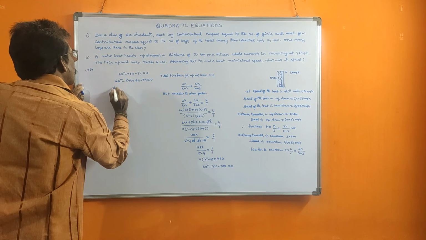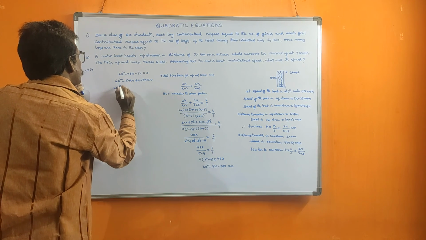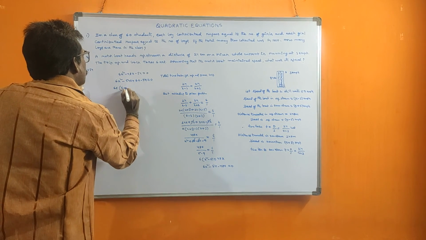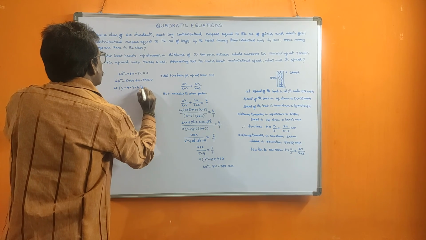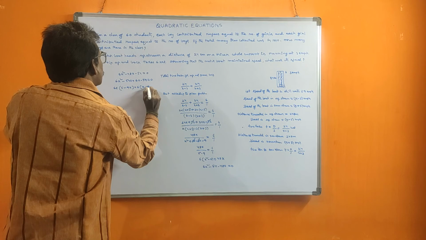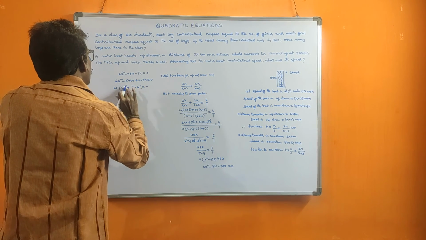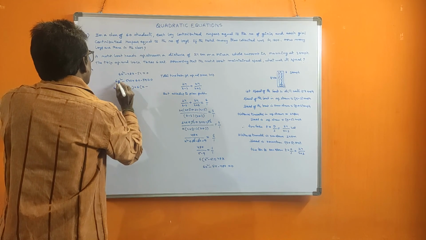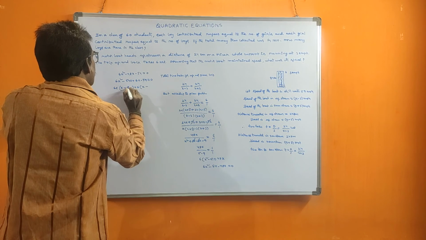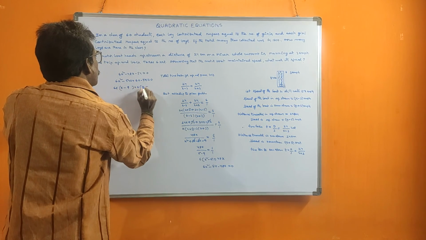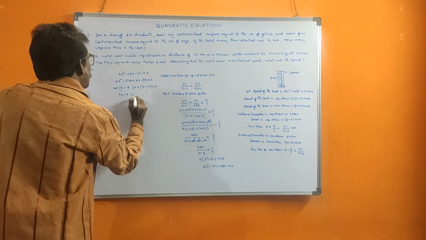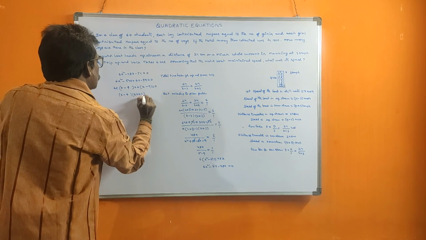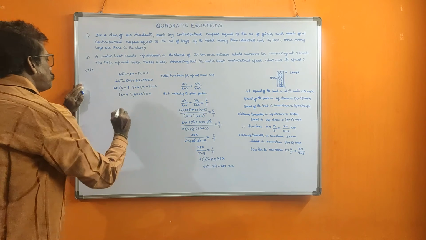Now 6x is common in the first two terms, leaving x minus 9, and 6 is common in the last two terms, leaving x minus 9, equal to 0. So x minus 9 into 6x plus 6 is equal to 0.